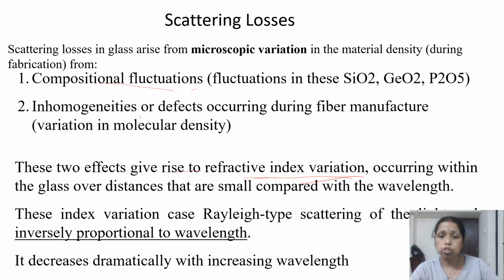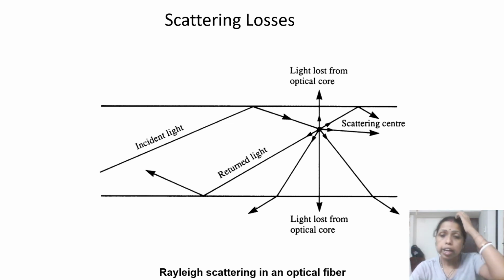This concept is called Rayleigh scattering, and it is inversely proportional to the wavelength. That's why I said that if you increase the wavelength, the losses will decrease, so 1550 nanometer is the most important wavelength used for long distance communication. So at this moment, rather than transferring light straight, it is directed in different directions, and again returns back. This is the scattering concept.